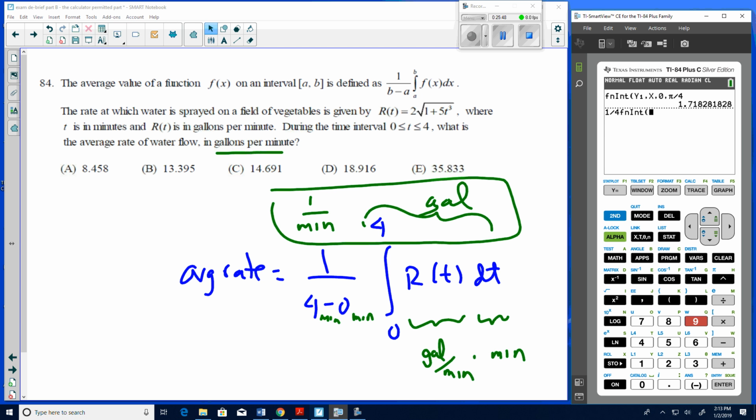We're integrating this funky little function, radical 1 plus 5x cubed, close the radical, comma, variable is x, comma, 0, comma, 4. 14.691, choice C.